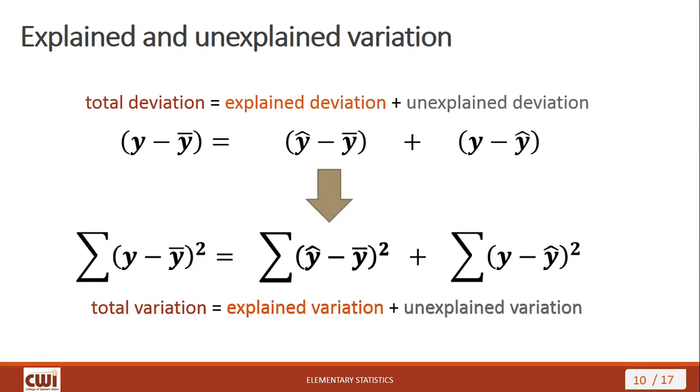So if I add the explained and the unexplained, I get the total. So now we have made the jump from deviation to variation. And these variation terms are going to be useful for determining the fitness of our regression model.